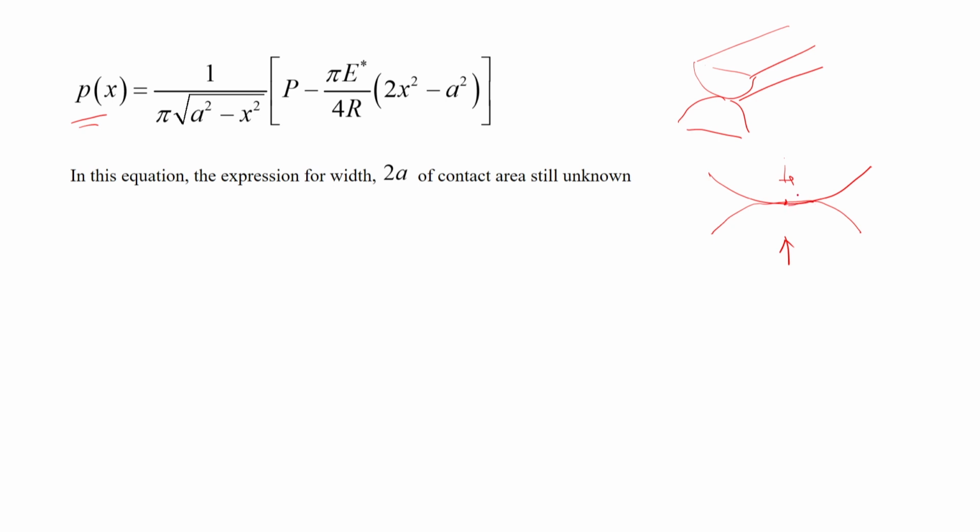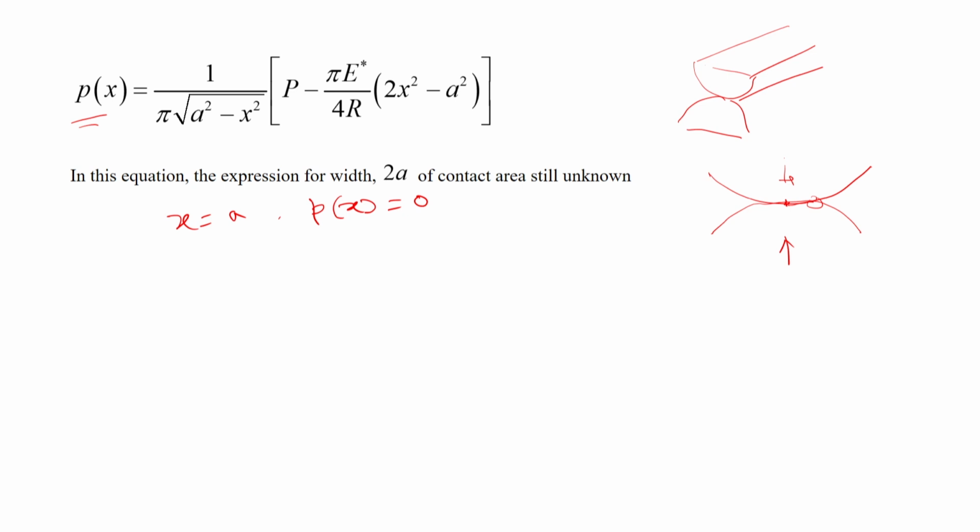At x equal to A, the pressure should be equal to 0, because there is no adhesion or any interaction between these two surfaces. So we can consider this boundary condition: at x equal to A, Px should be equal to 0 or positive, because there is a compressive pressure here.